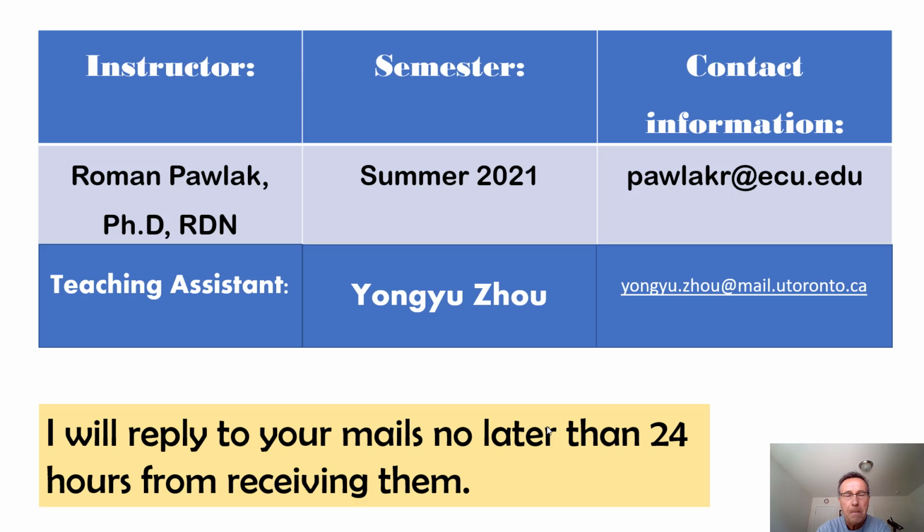I am actually originally from Poland. However, I have lived in the United States and prior to the United States also in Canada for a long period of time. And I have been teaching a variety of different courses of nutrition at East Carolina University in North Carolina in the United States for almost 2 decades, okay?